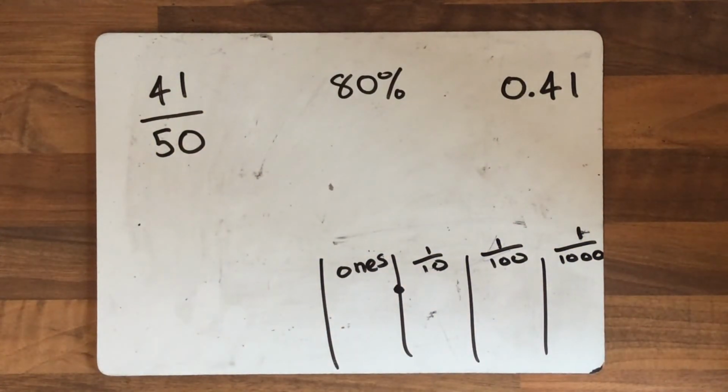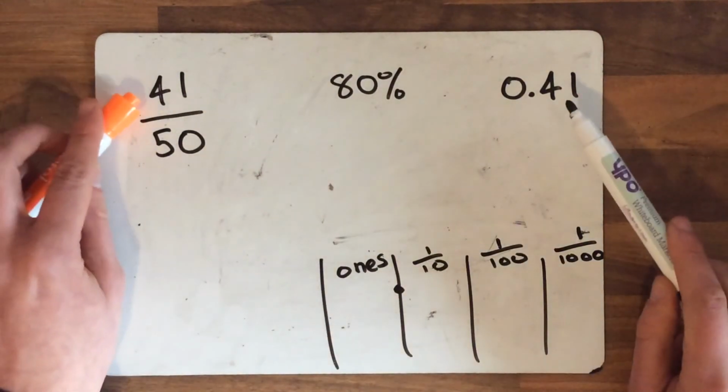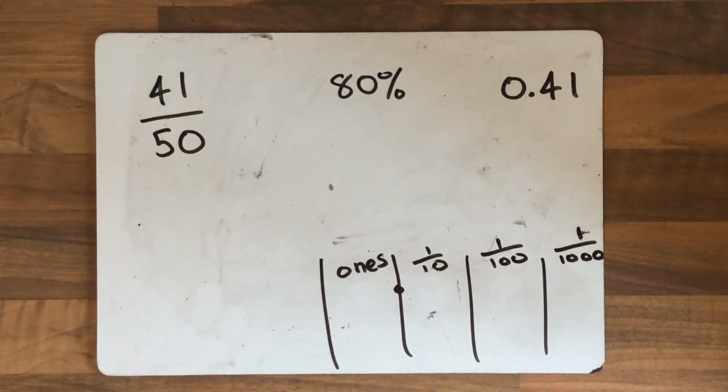Looking at these three, straight away you can see, can't you, that the 41 over 50 and 0.41, the 41s are identical, which might make you think that they are the same. They're not though. So you might want to pause the video there, see if you can order those fractions, decimals and percentages.